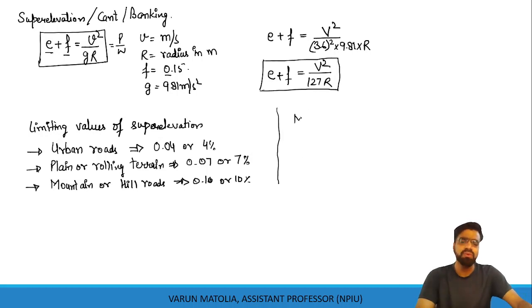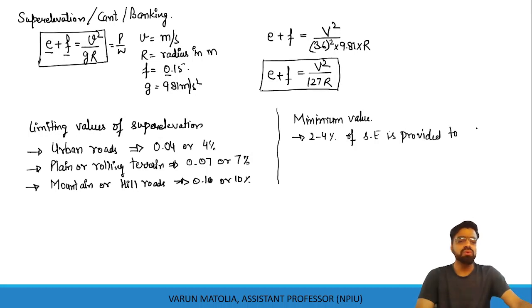For minimum value, two to 4% of super elevation is provided to help with the drainage.